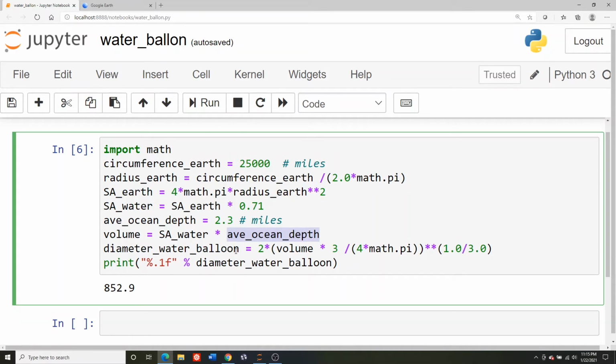And then maybe you know the formula for the volume of a sphere. The volume equals 4/3 pi r cubed, but you can invert that and solve for the radius. You just take the cube root of the thing with some constants in there, and then multiply by 2 to get the diameter. So this is all very approximate. The thing is about 850 miles in diameter.